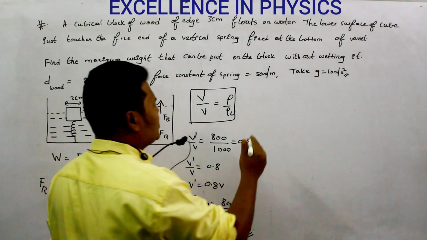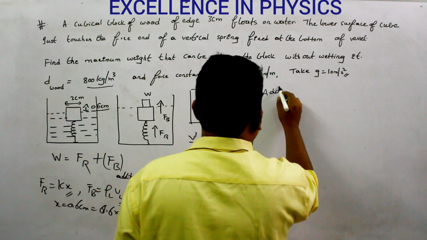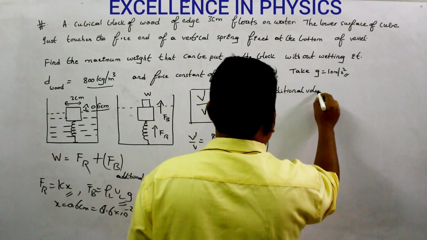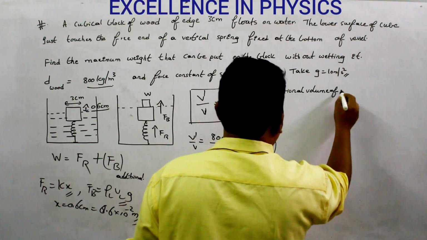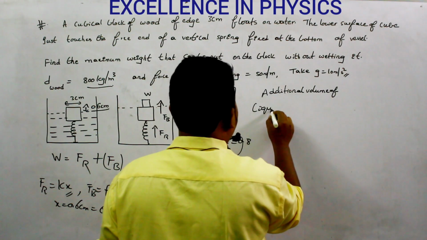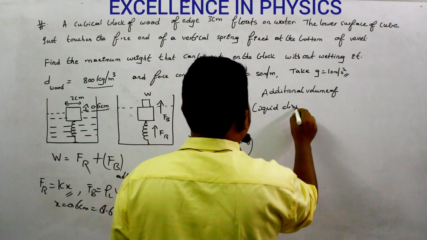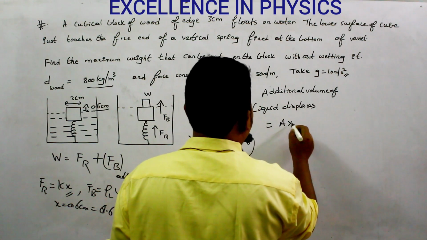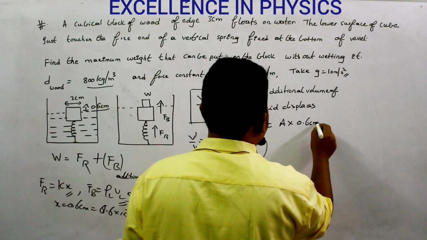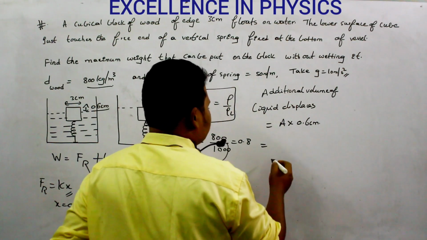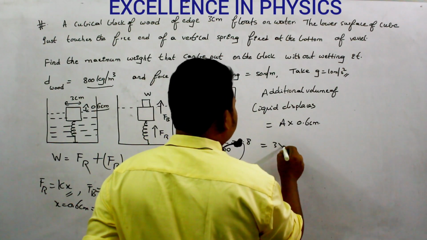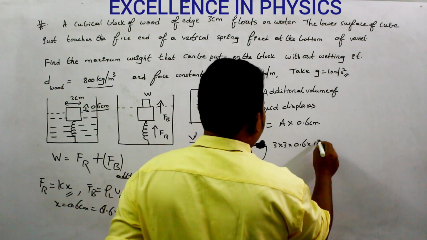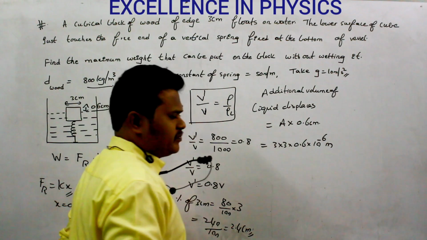So the additional volume of liquid displaced is equal to the area of the base into 0.6 centimeter, which is 3 into 3 into 0.6 into 10 power minus 6 meter cube.